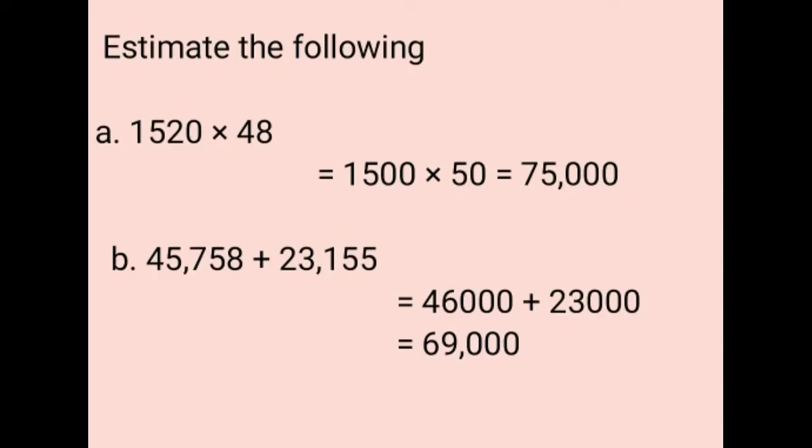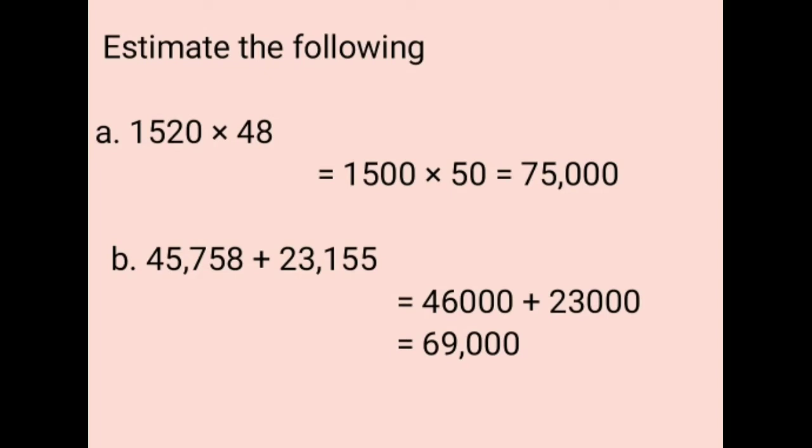Next, estimate the following. A question: 1520 times 48. Here we need to round off these numbers to the nearest 10, 100 or 1000. If the number is smaller, then round it off to the nearest 10. If it is a greater number, then round off to the nearest 100 or 1000 according to the given number. The given numbers are 1520 and 48.